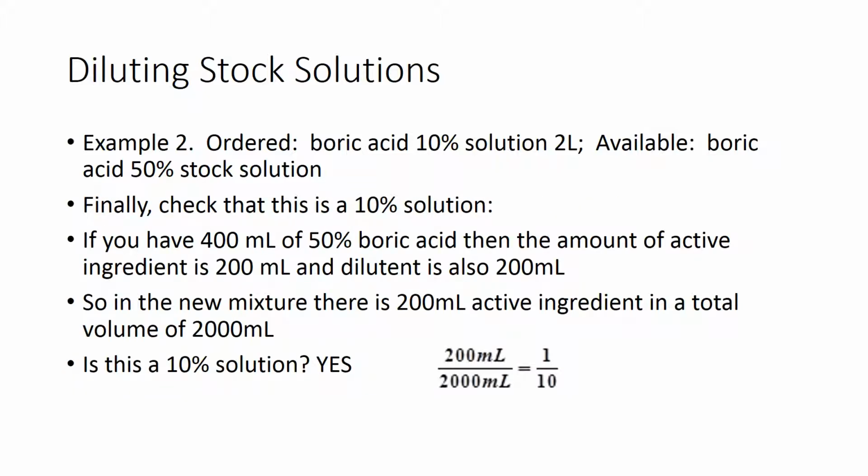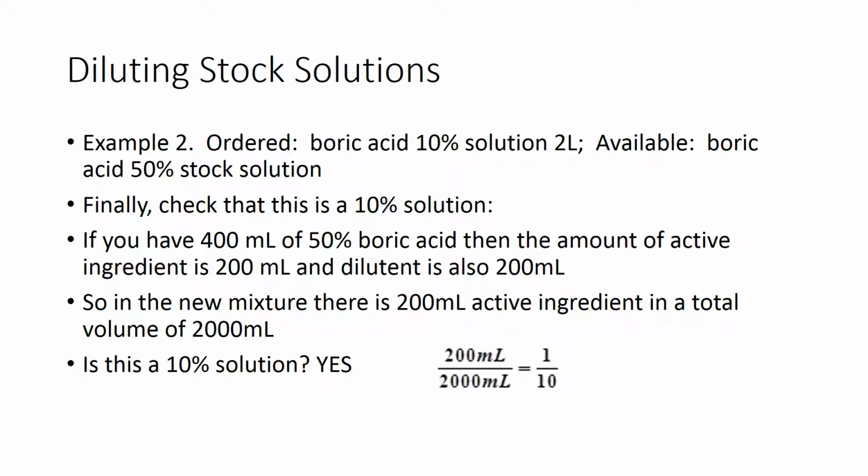So finally, we need to check to make sure, is this really a 10% solution? If you have 400 milliliters of a 50% boric acid, then the amount of active ingredient is 200 milliliters, right? 50% of 400 would be 200. And the diluent is also 200. So in the new mixture, you have 200 milliliters of the active ingredient in 2,000 milliliters.